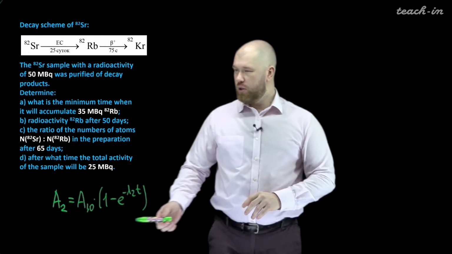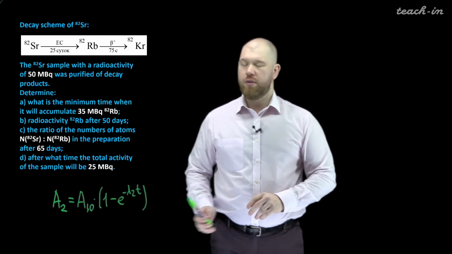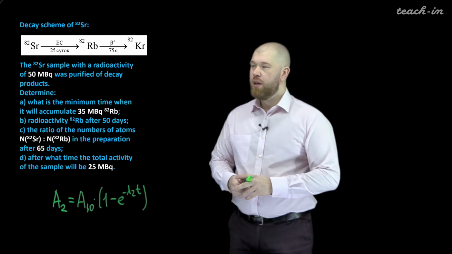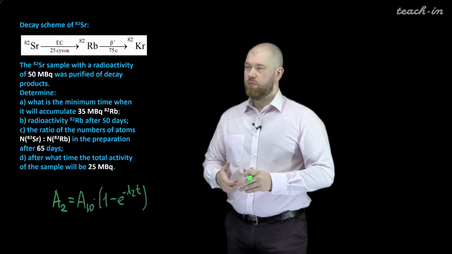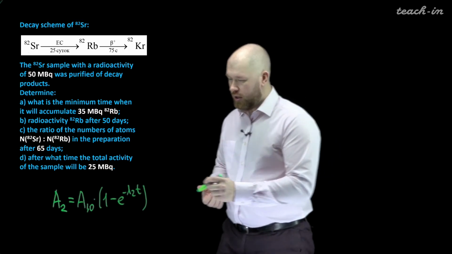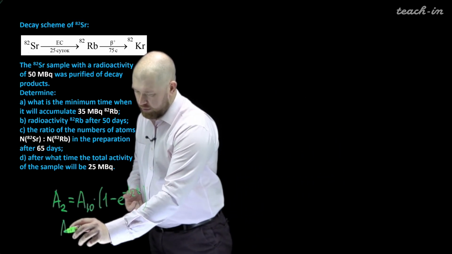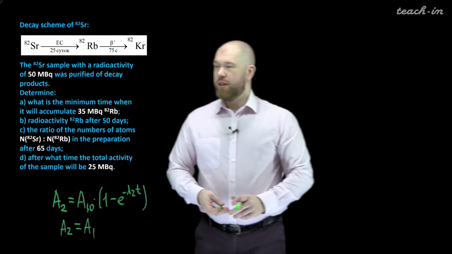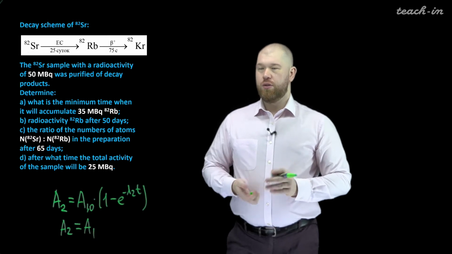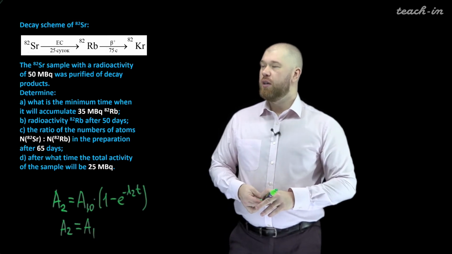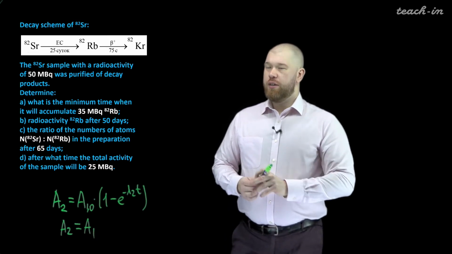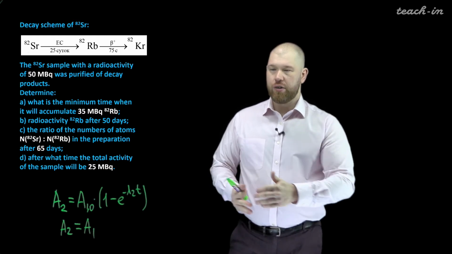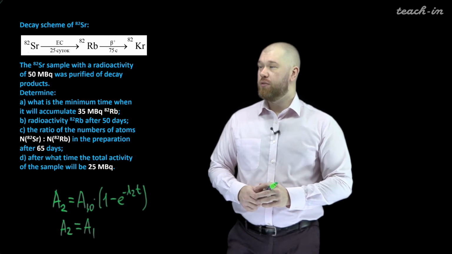And we can use it when the daughter radionuclide is still accumulating, and when the equilibrium is reached, then we can use a very simple equation. That means that the activities of these two radionuclides are equal, and the activity decreases due to the decrease of the activity of the mother radionuclide.